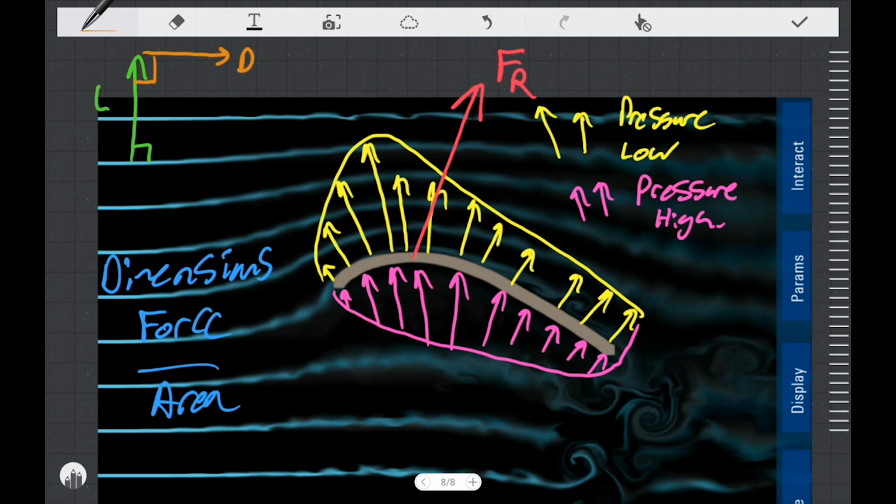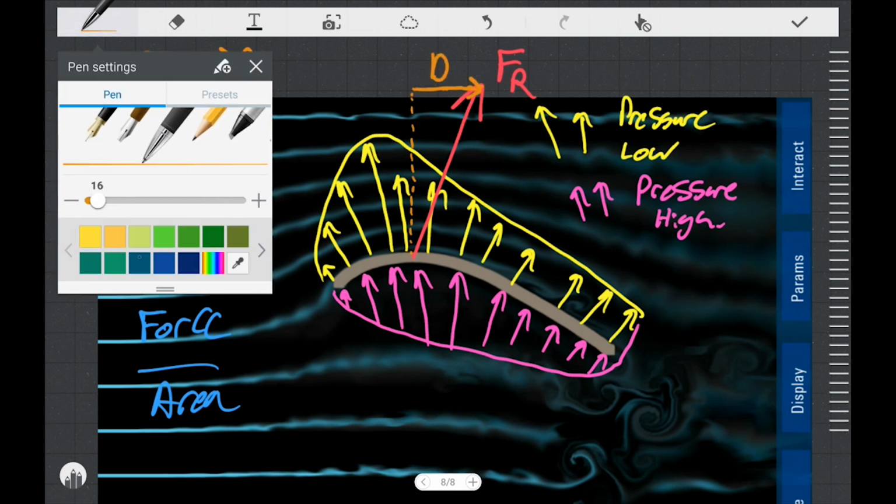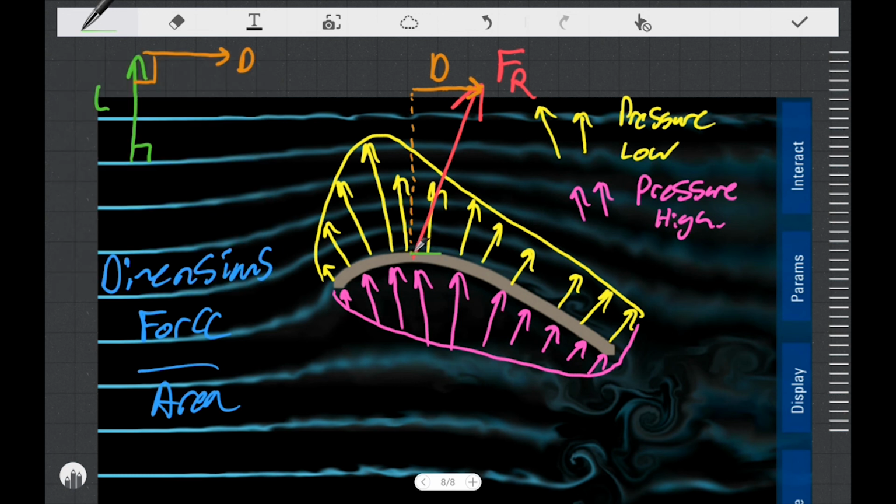So what we can do is break this resultant force up into the lift and drag forces. And these are the forces that actually describe how the wind acts on our sails.